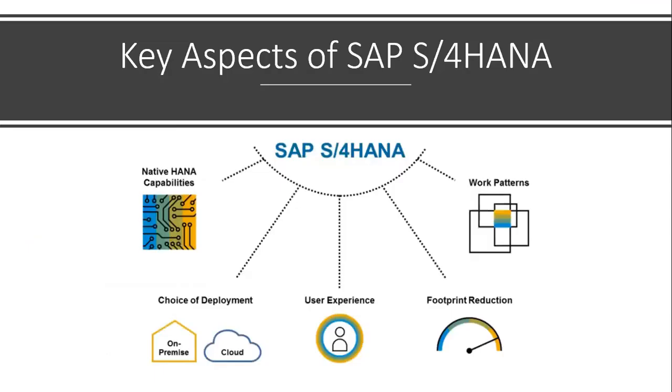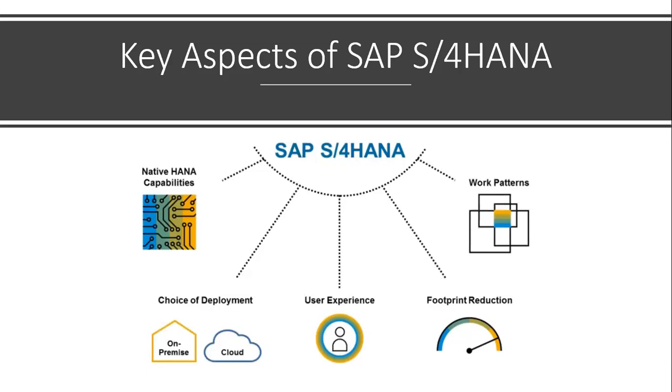Of course, the key aspects of S4 HANA, we have the native capabilities like the universal journal, which is a single source of truth. We have the combination of OLAP and OLTP, online transaction processing. We have the concept of simplicity.